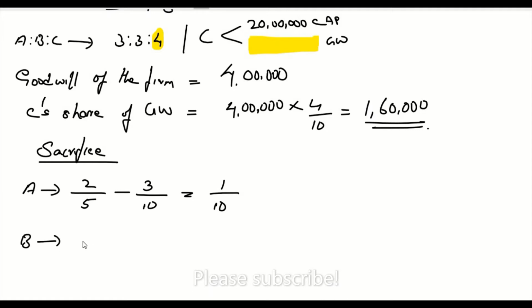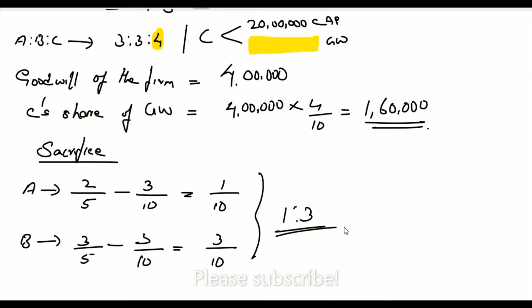And B, his original share is 3/5 minus his new share is 3/10. That is equal to 3/10. So the sacrificing ratio is 1:3. This 1,60,000 that C is bringing, it has to be divided to A's capital and B's capital in 1:3 ratio.